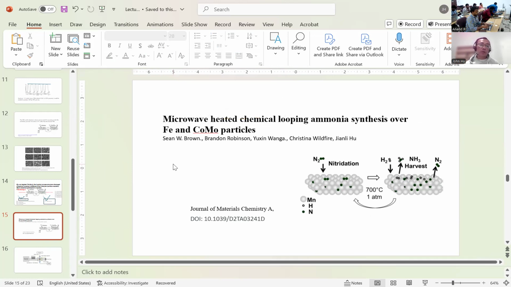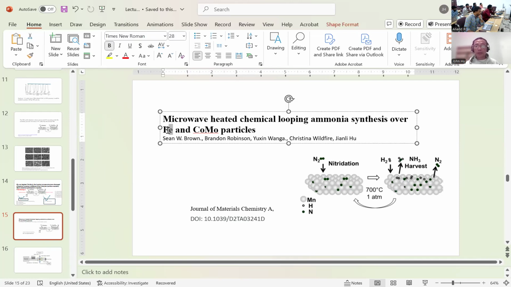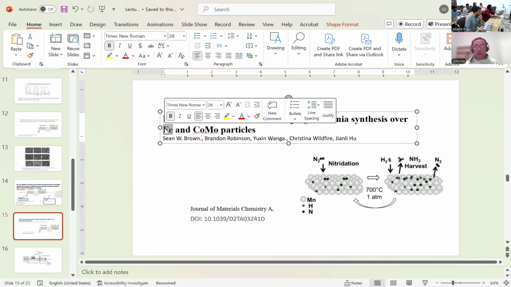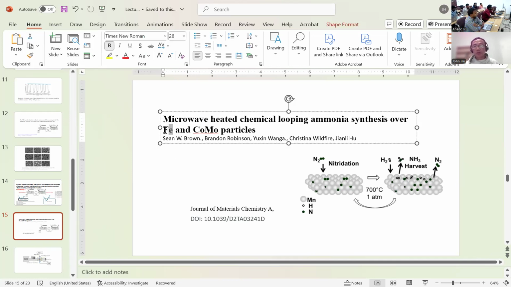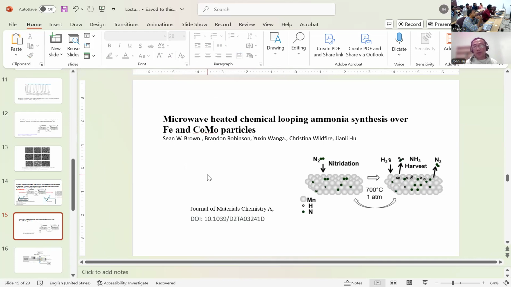If you remember, microwave interaction with a material goes through dielectric heating, magnetic heating, and also what do you call that, conductive heating. Iron will have all of those, as you will see in the data, because it's very sensitive under the microwave. So we chose two different materials to see how they perform under microwave.